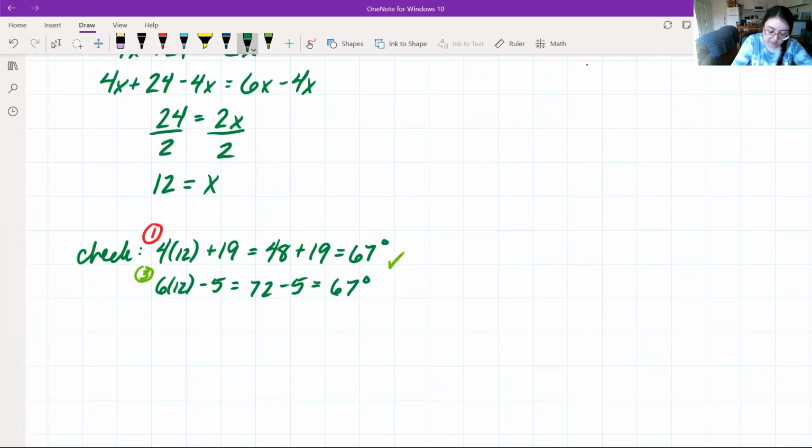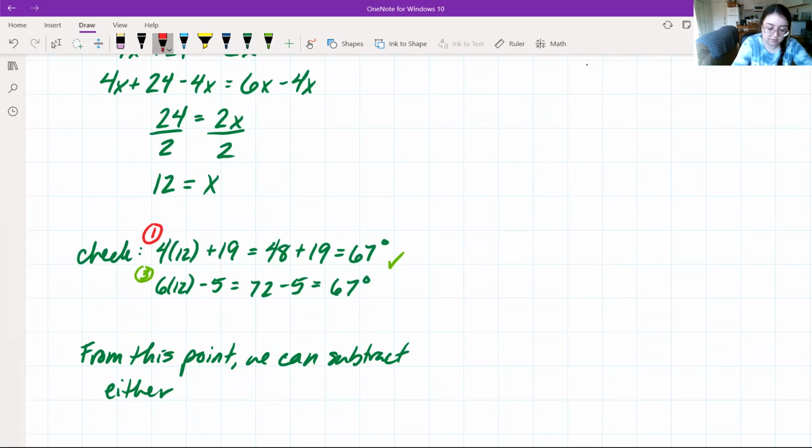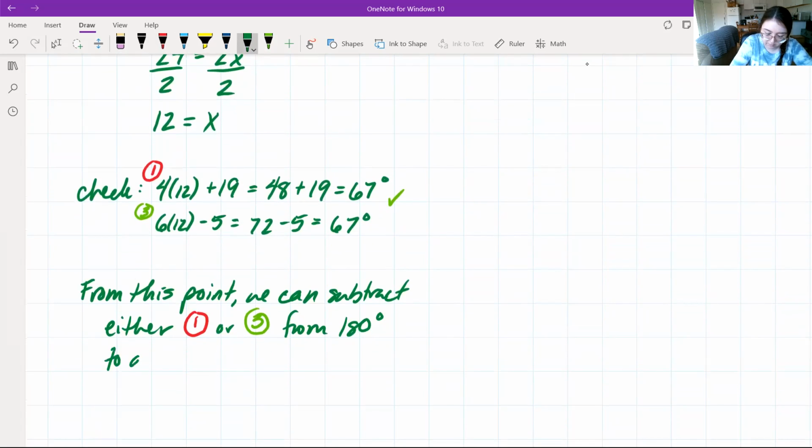So we can say from this point, we can subtract either angle 1 or angle 3 from 180 degrees to get angle 2.